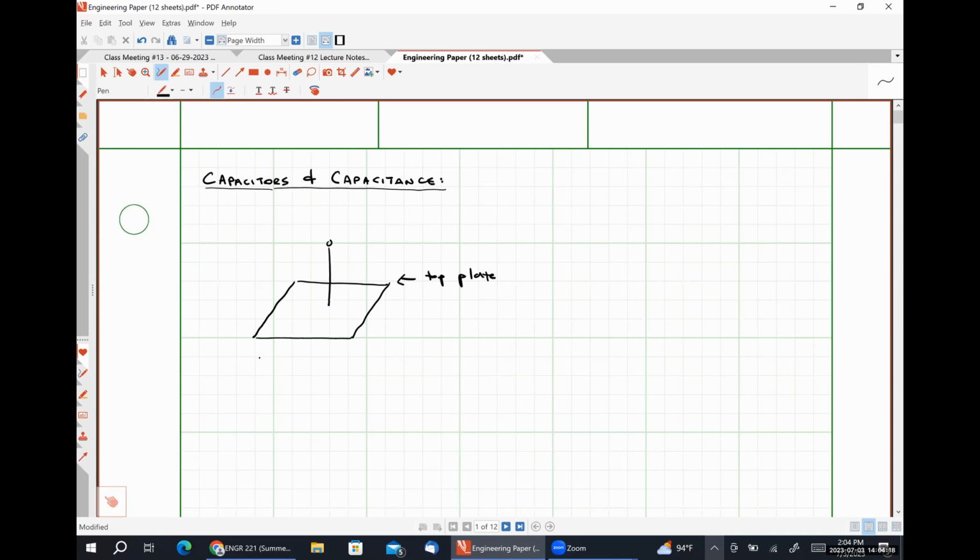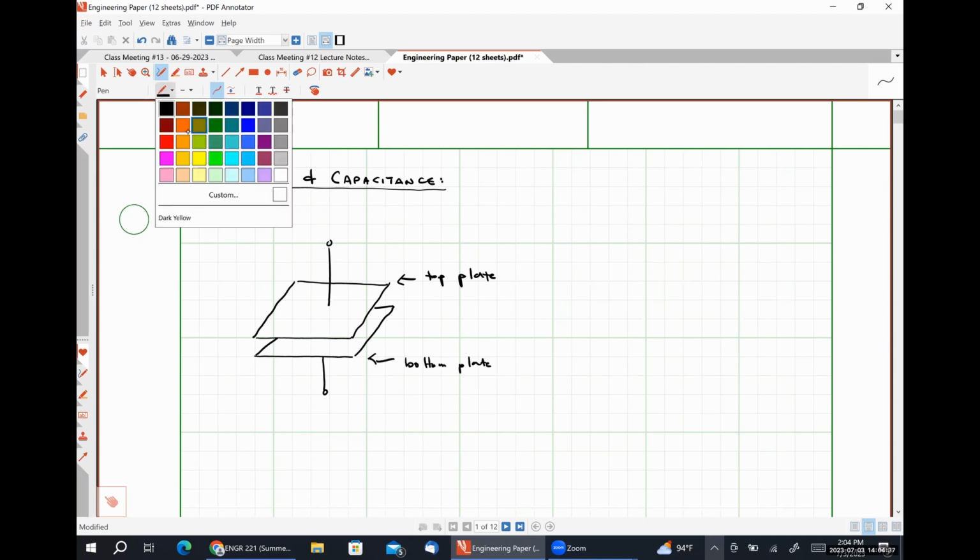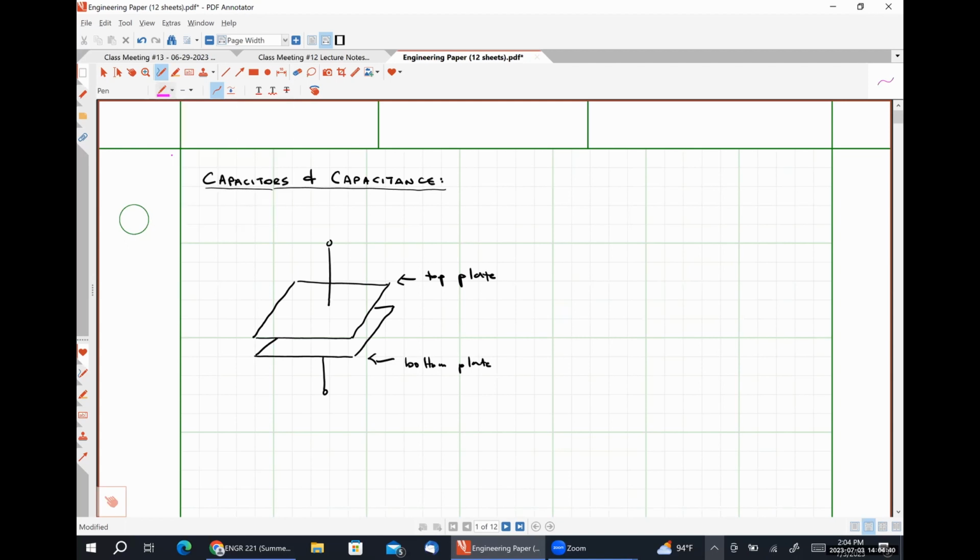And below this top plate, we have a bottom plate, like so. We have another electrode down here. And then sandwiched in between these plates, we have what's called a dielectric material or dielectric medium.